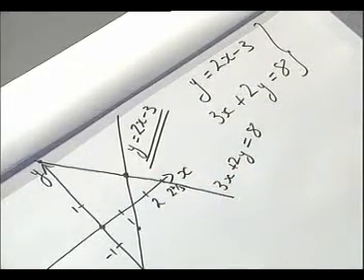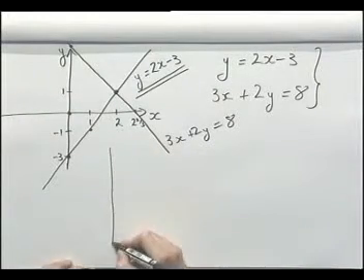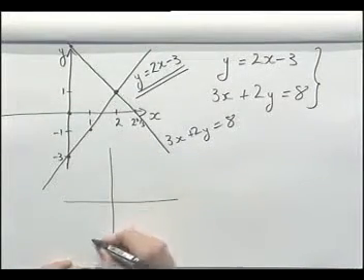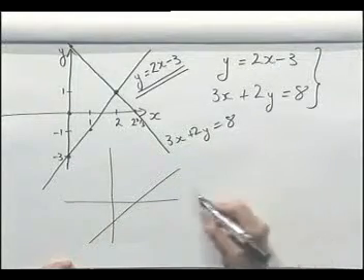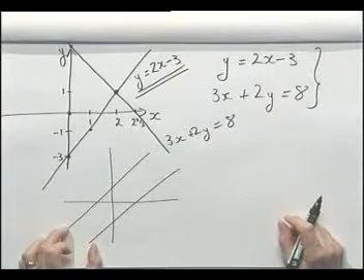So when we solve a pair of simultaneous equations, what we're actually looking for is the intersection of two straight lines. Of course, it could happen that we have one line like that and a parallel line. They would never meet.